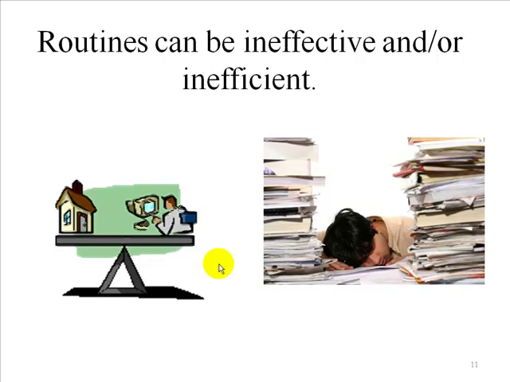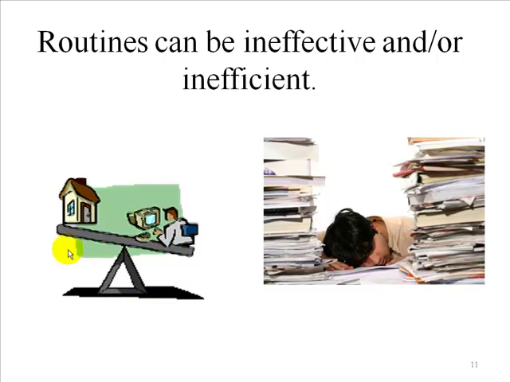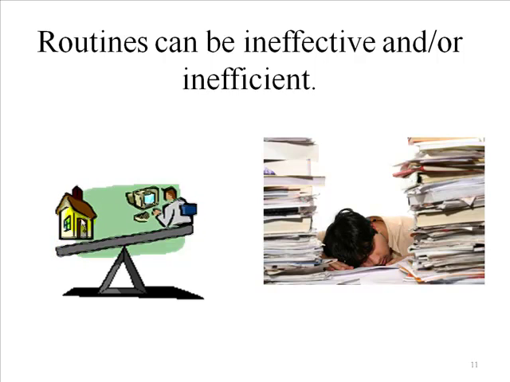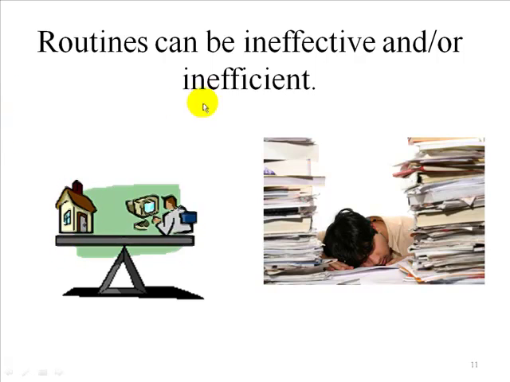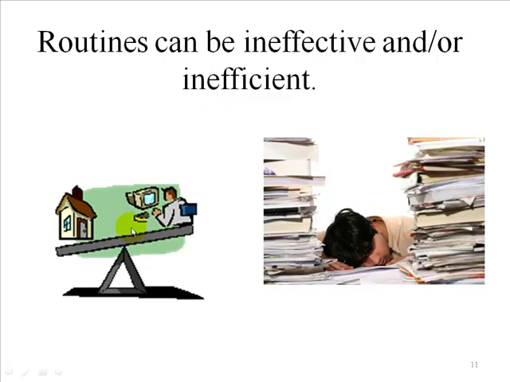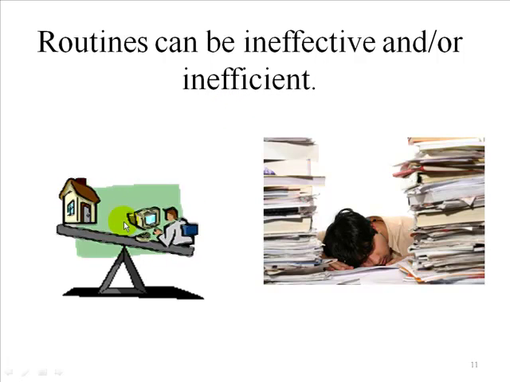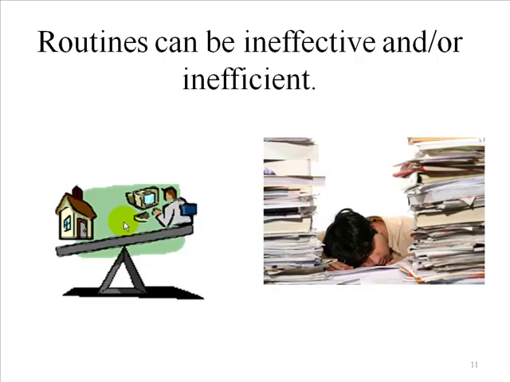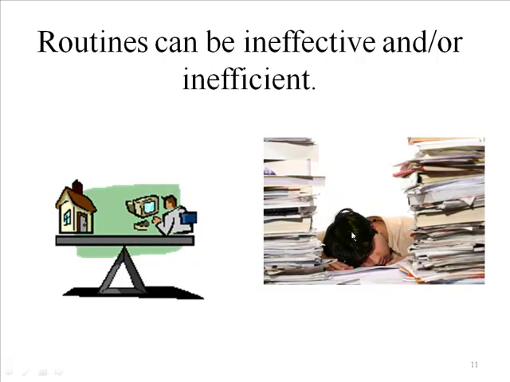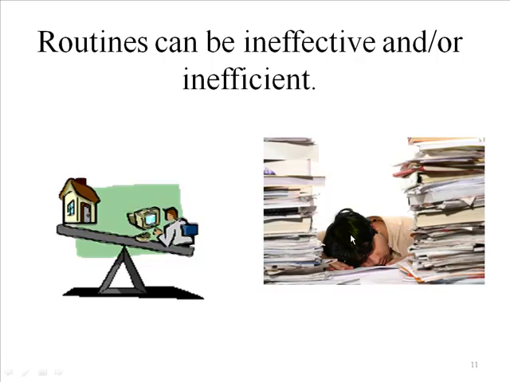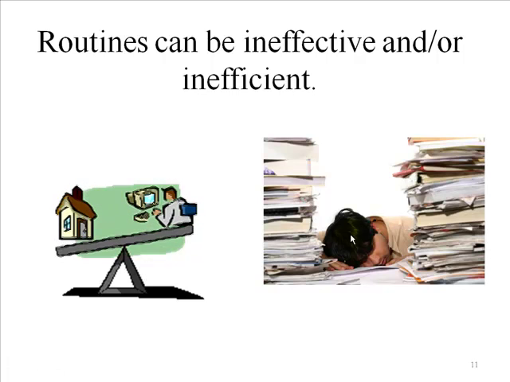Routines can be ineffective and or inefficient. It just isn't working out. What you're doing isn't getting you the results that you want. It would be ineffective. Or maybe you're getting what you want, but it's just taking a big toll. You've got work, family, and it's really not going particularly well on one side or the other. You're having trouble keeping a balance, or you've got so much piled up that you're just not getting anything done. This would be ineffective, probably inefficient also.